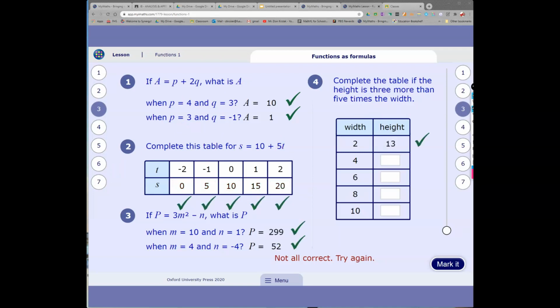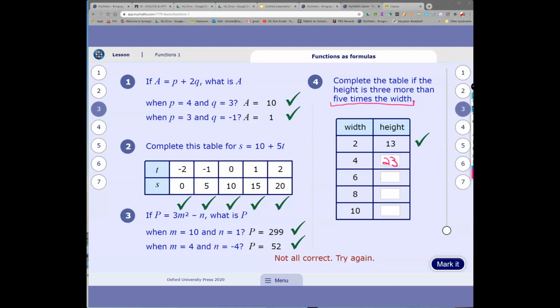Okay, our last table here, it says complete the table if the height is 3 more than 5 times the width. So our width is 4, so 5 times our width would create 20, and then 20 plus 3, 23.